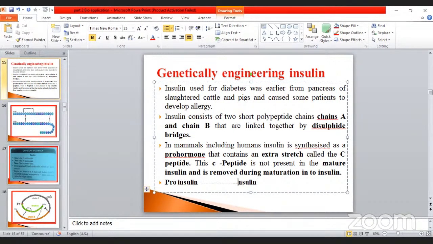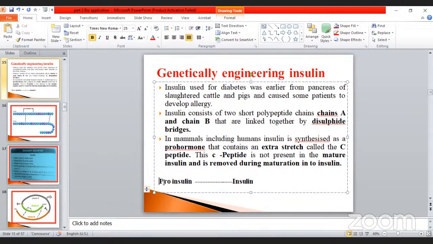So due to the absence of C peptide, that is very, very important, my dear student. Don't forget. The presence of C peptide is considered as proinsulin. Don't forget it. The absence of C peptide is considered as insulin, otherwise called mature insulin.